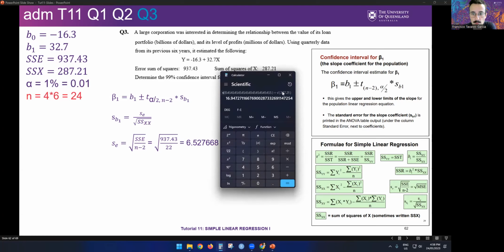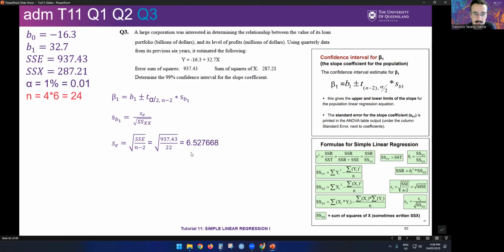So square root of the thing equals 0.3855175, and the rest. Finally, we just plug it back. And we have this one.